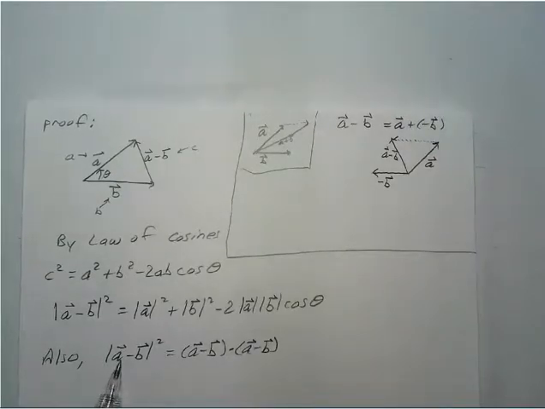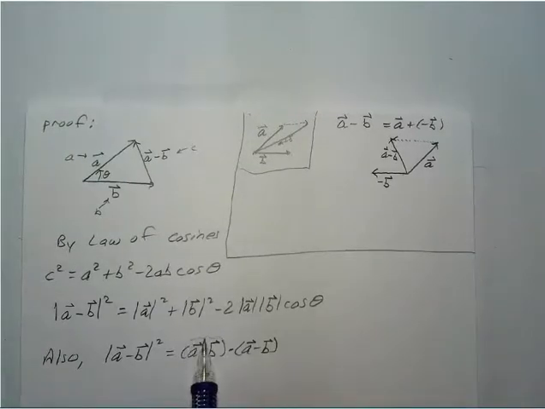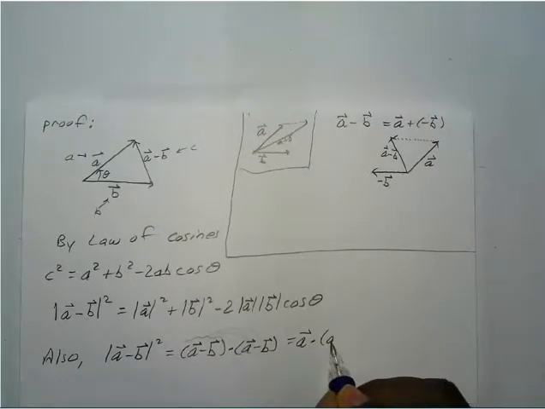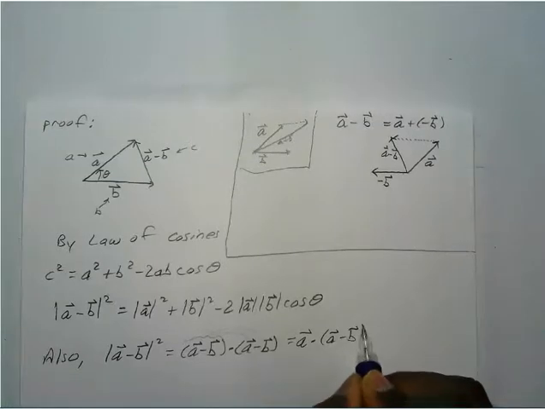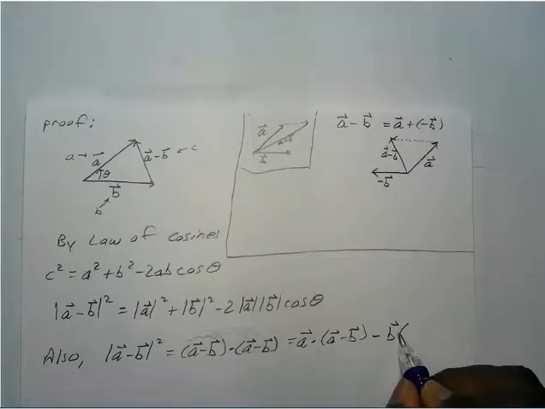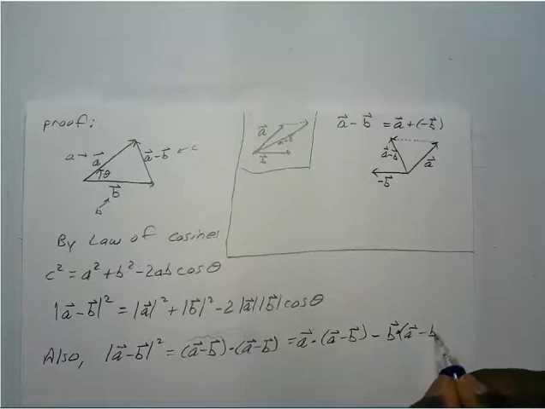Remember, the magnitude of C vector squared was just C vector dot product C vector. So it's the same thing here. If we use the distribution property, this whole thing can be distributed to both of those. So we end up with A vector dot product A vector minus B vector, minus B vector dot product A vector minus B vector.